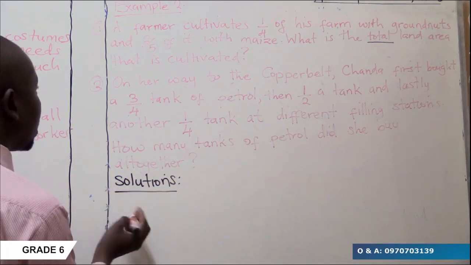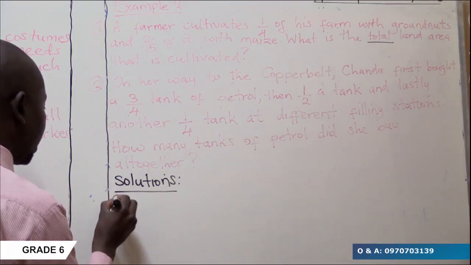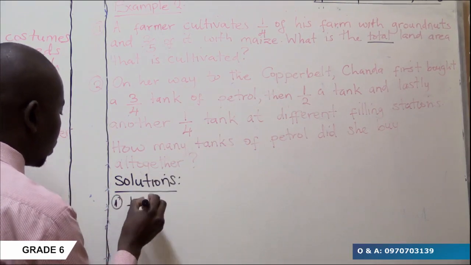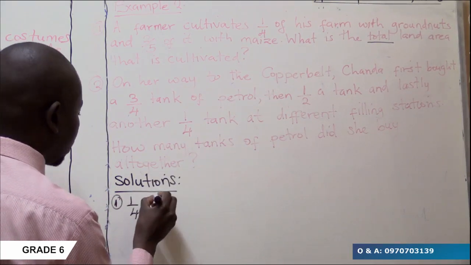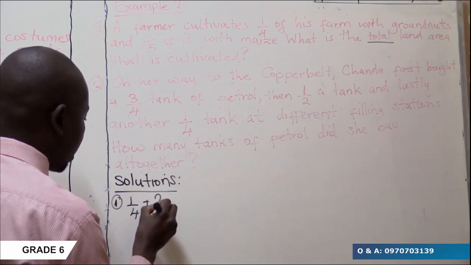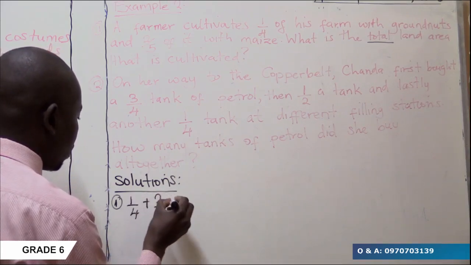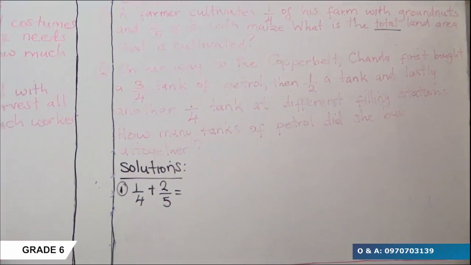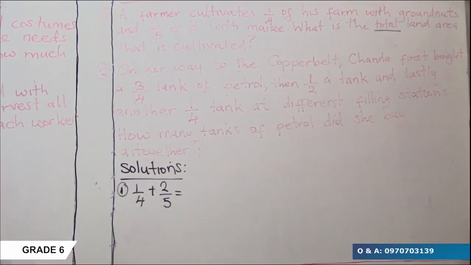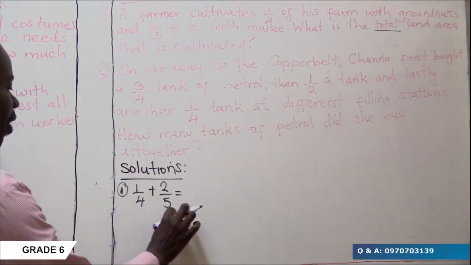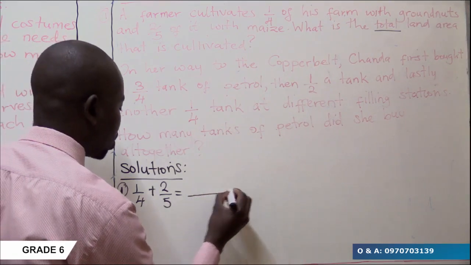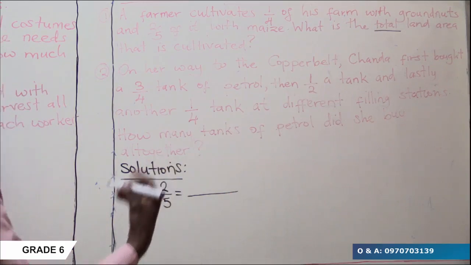So we are going to find the answer by adding 1/4 plus 2/5. Boys and girls, if you're adding fractions, what do you do? We are going to find a common denominator for 4 and 5.